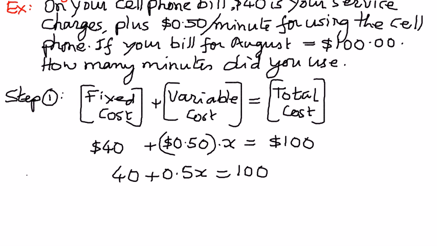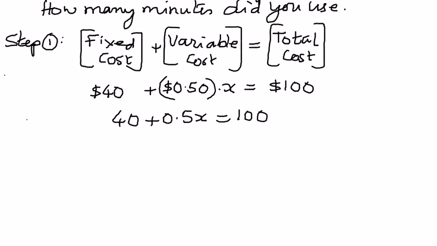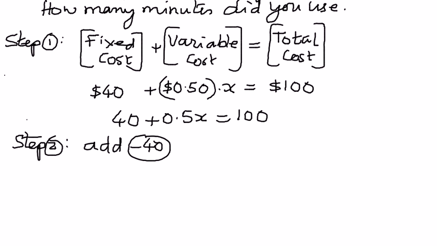We want to solve for x, and to do that we're going to use the addition and subtraction properties. Step 2: we want to subtract 40 on both sides, so therefore we can also say add negative 40 to both sides of the equation.